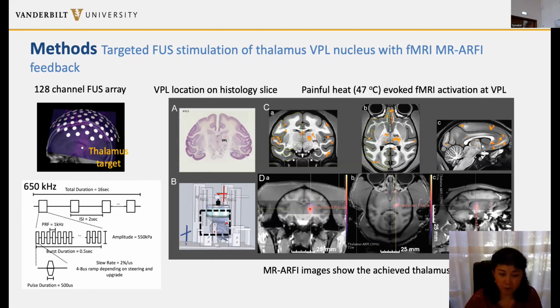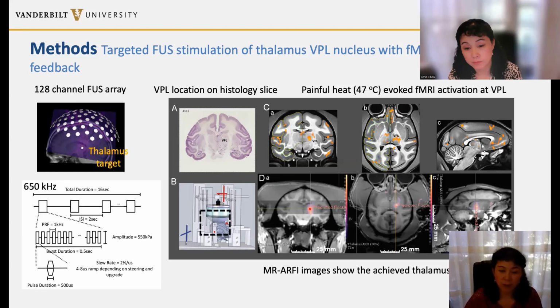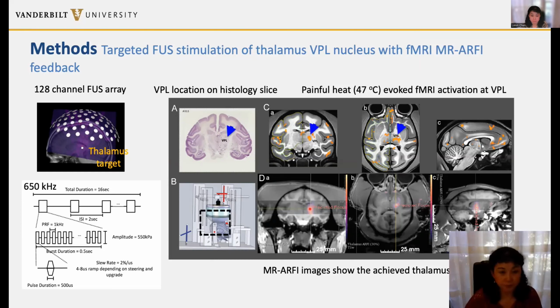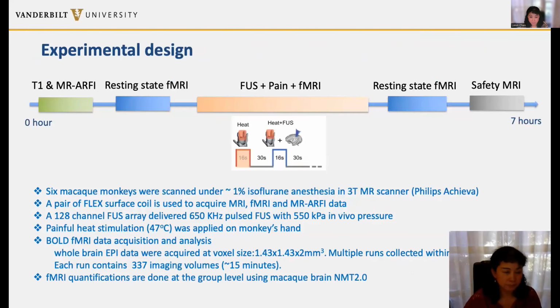This approach allows us to identify precisely the brain region showing the response, and then we can make sure our ultrasound stimulation is actually applied at this region. This arrow just shows you the correspondence between the VPL activation on the MRI image and also the anatomical atlas.